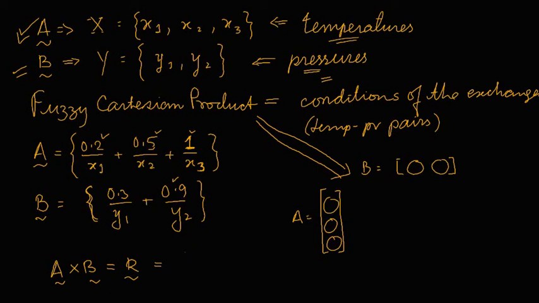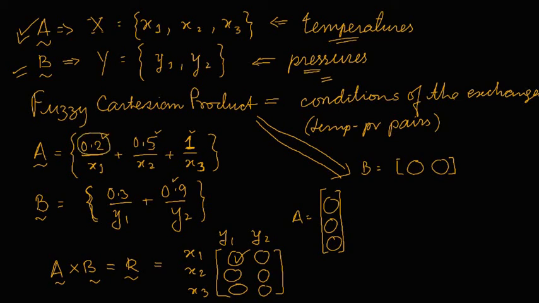This will have x1, x2, x3 corresponding to A as rows, and y1, y2 as columns, and these elements we will find with the help of the relationship used earlier. So for example, the first element, as we have studied earlier, will be the minimum of these two.